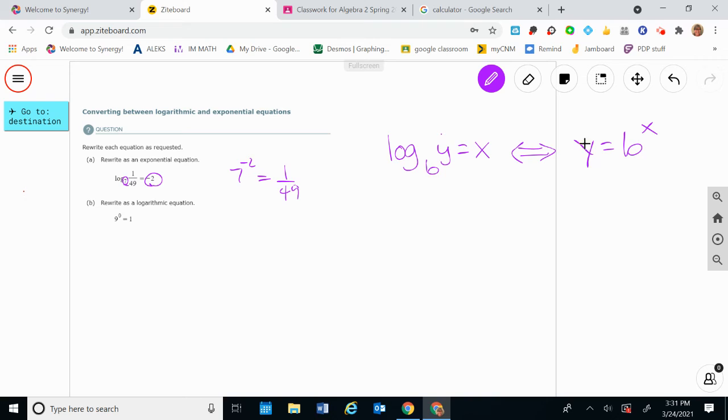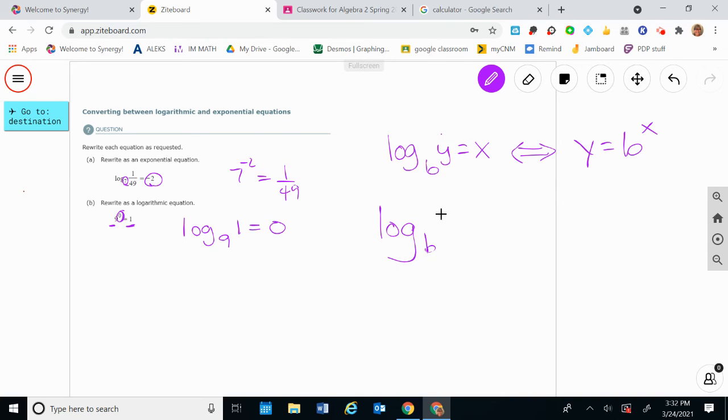And then all you're doing is putting things in the proper place. Here is the base, that is the exponent. So we're going to go log base 9 of 1 equals 0. And that's going to become a property, or a rule.